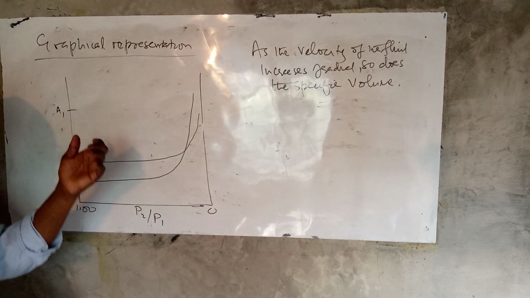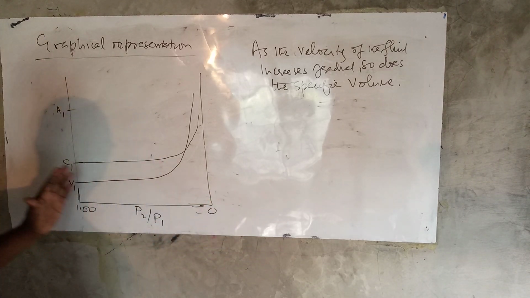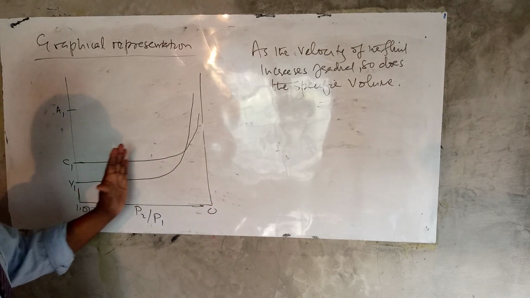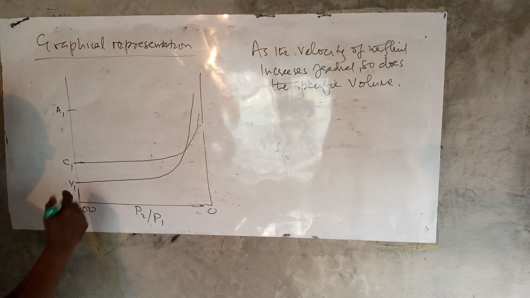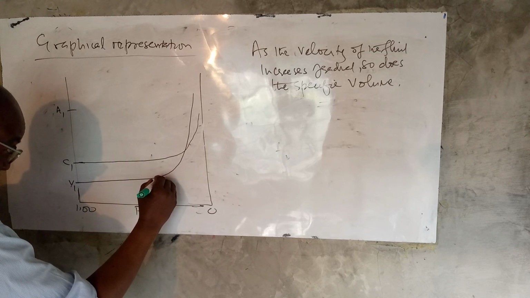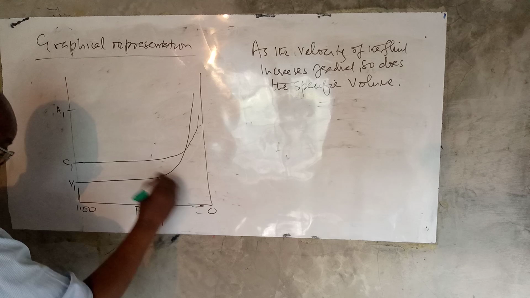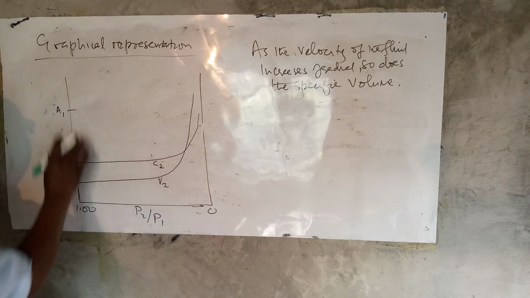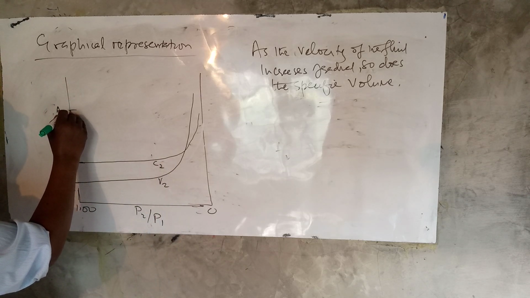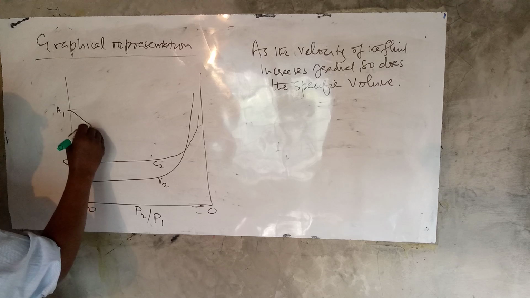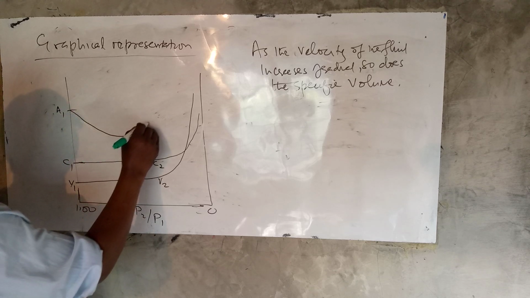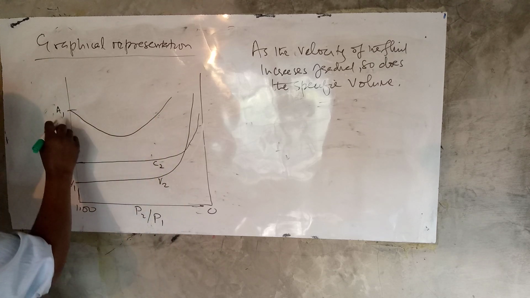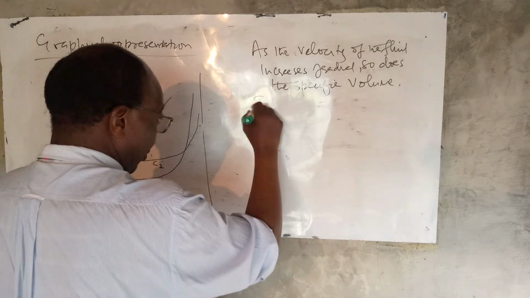But when it comes to the cross-sectional area, as these ones are increasing gradually, you will find that with v2 and C2, there is first a decrease in the cross-sectional area, then an increase.